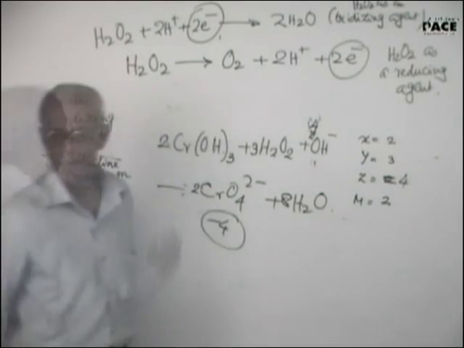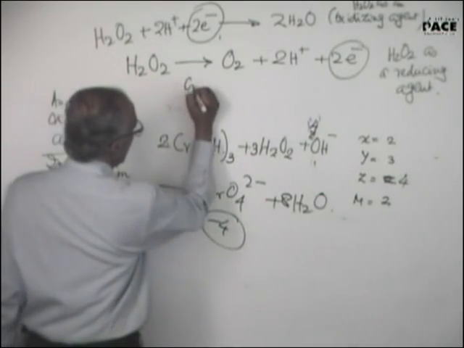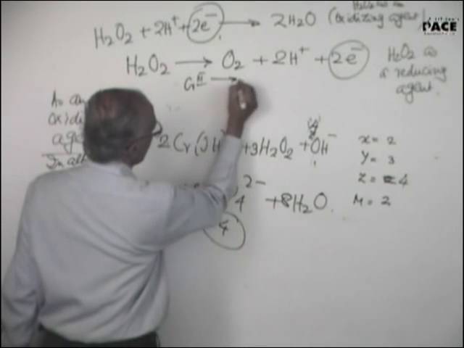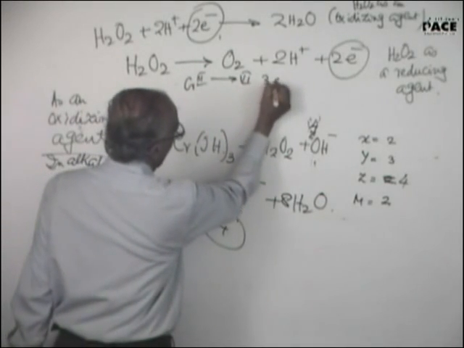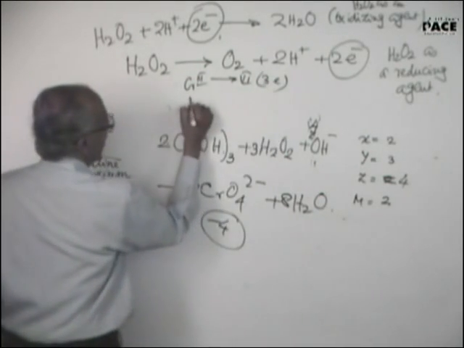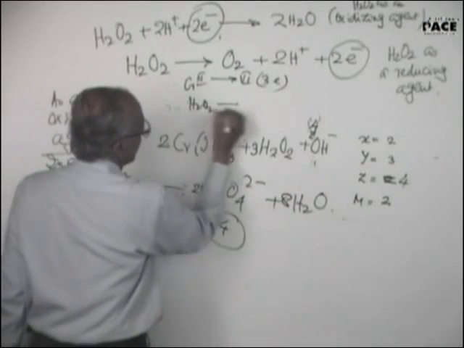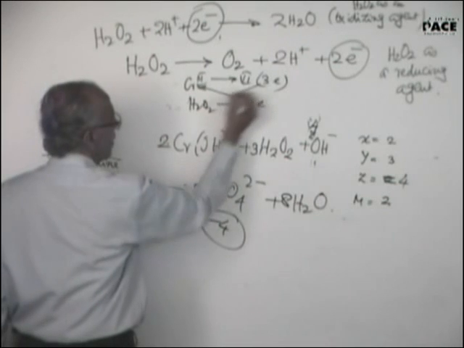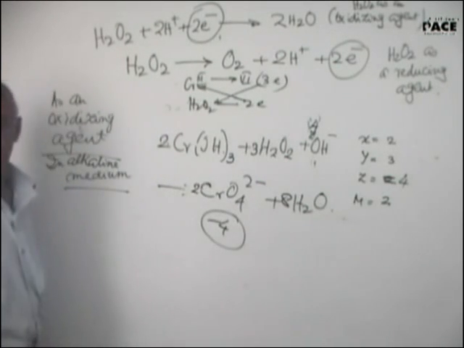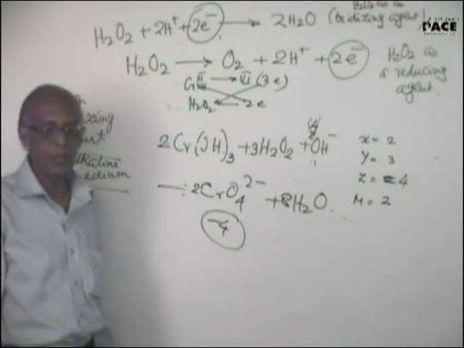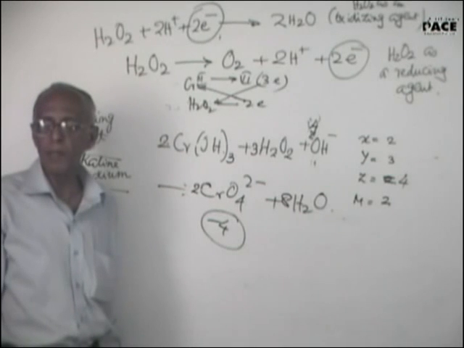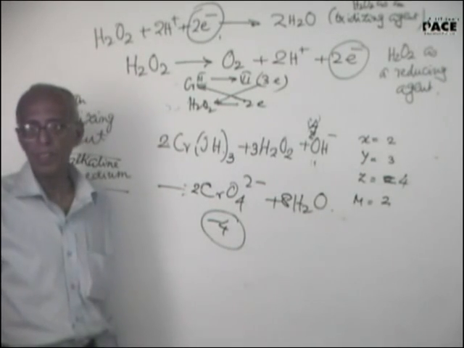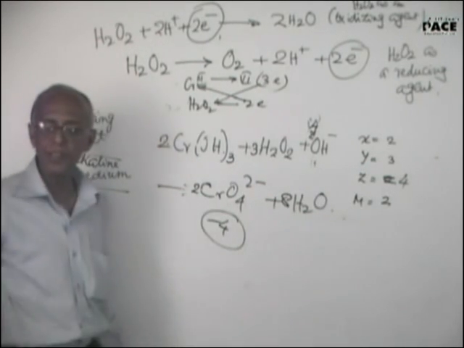So for chromium 3 to 6, 3 electron change, hydrogen peroxide 2 electron. So cross multiply. That's all. You get 2 chromium hydroxide, 3 hydrogen peroxide will give you 2 chromate.